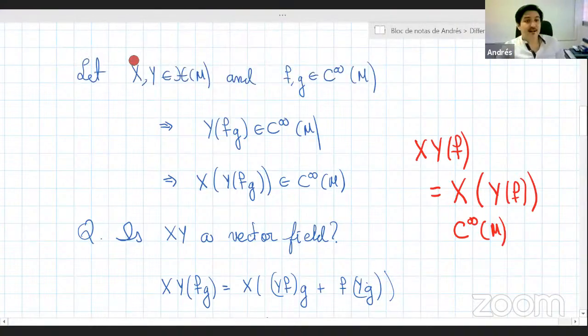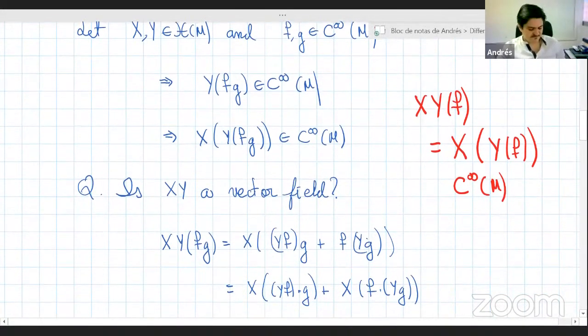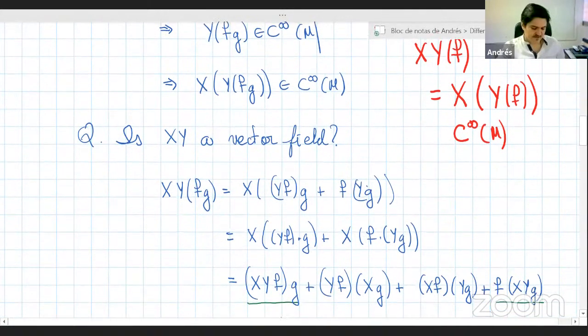Now, the vector field is linear, so I'm using the fact of linearity on the vector field X alone. I have that. And then, again, I'm going to use the fact that X is a derivation because I'm applying this to this product of functions. So we will see what happens now. So I have this.